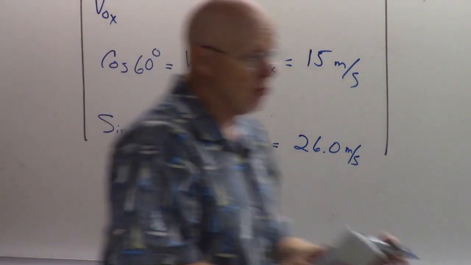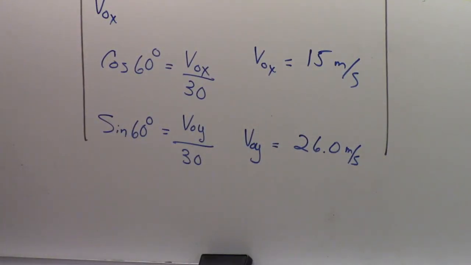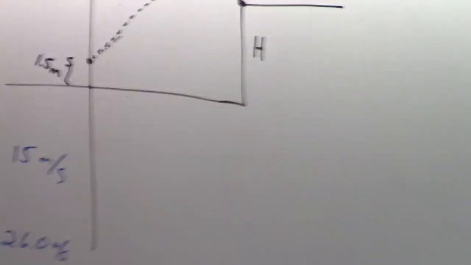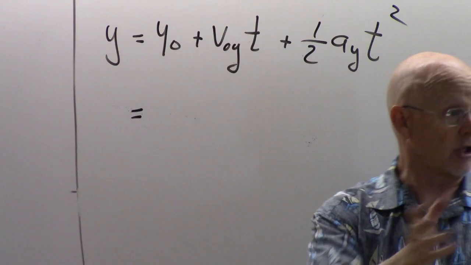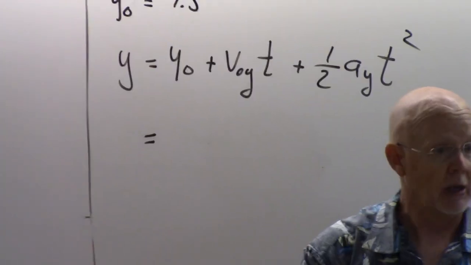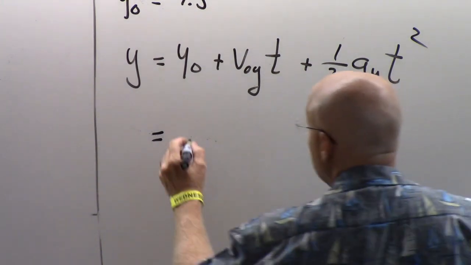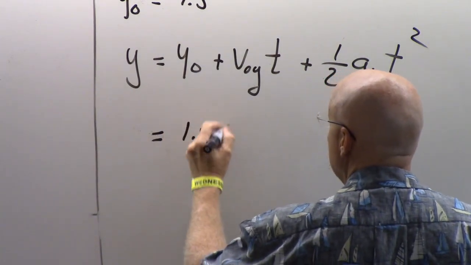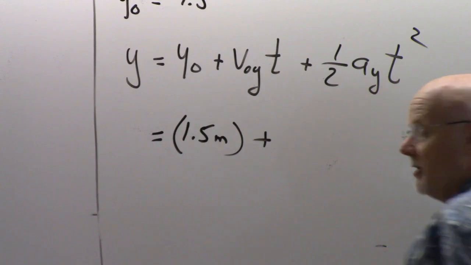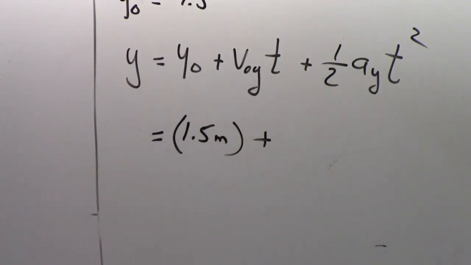All right, so knowing those, like the last problem, we can come over here and put this in. Unlike the last problem, I actually have an initial position in the y. So this is 1.5 meters is where it starts. It already starts up here.